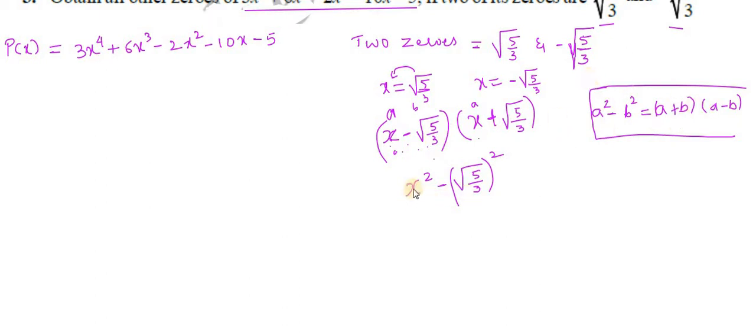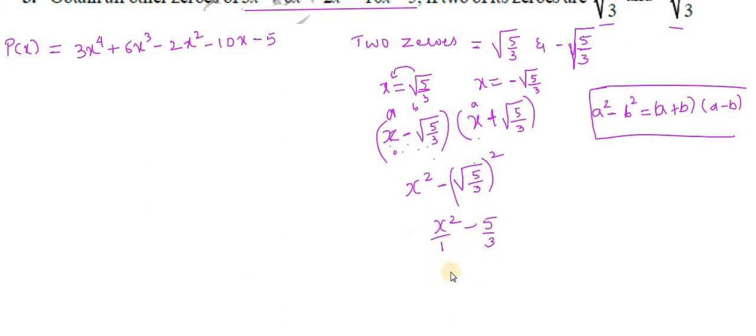Okay, so now we can take this as g of x. How to take it as g of x? First, try to simplify this. You can write this as x square minus, here square and square root get cancelled, so it remains 5 by 3. Now 1 is there, so just cross multiply this.